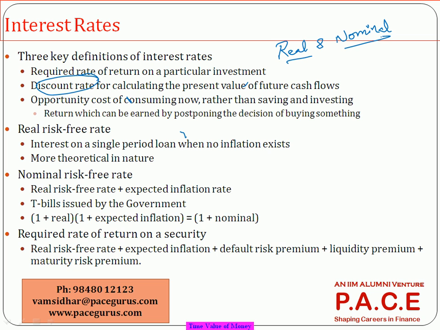Every country has a different inflation. Because of that, sometimes people keep saying that in the US the interest rates are much lesser, whereas in India the interest rates are much higher. Again, apply the same logic. That is the nominal rate of interest, which is different in both countries. If I remove the inflation part from that interest rate in both countries, the real rate will not be much different at all.